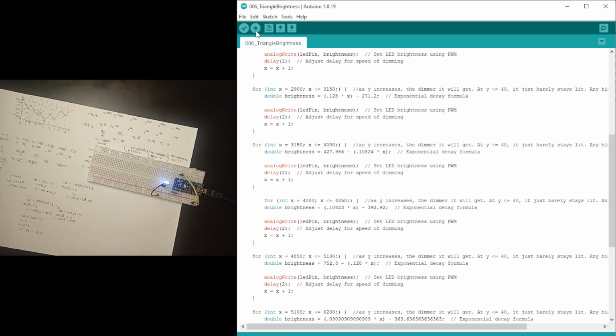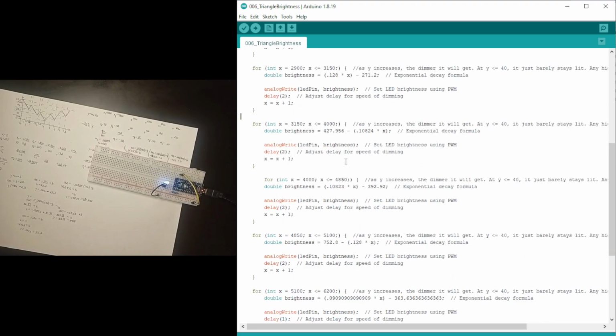Wow. It really just goes straight up. Why would it do that? $392.92 minus, so as it increases, theoretically the distance should increase.